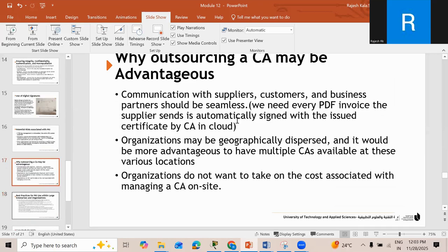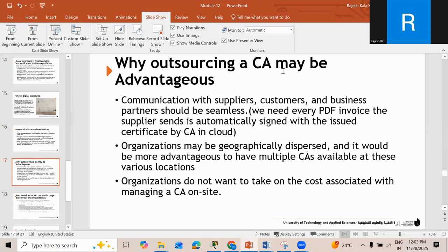Why do we outsource a certificate authority? What are the advantages? Why can't we have a certificate authority or certificate server in our own company? The problem is we need seamless communication with suppliers, customers, and business partners.